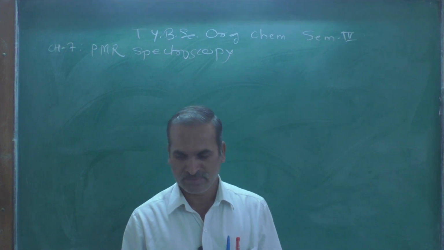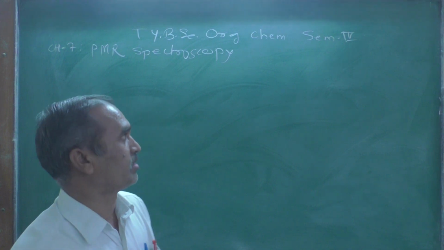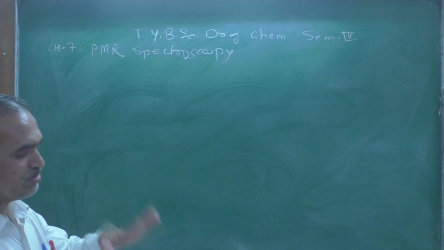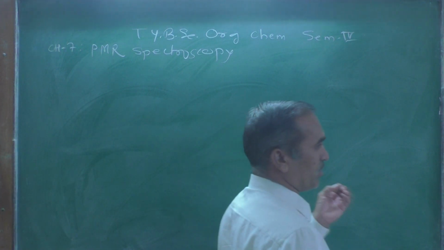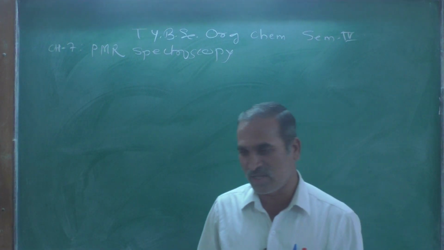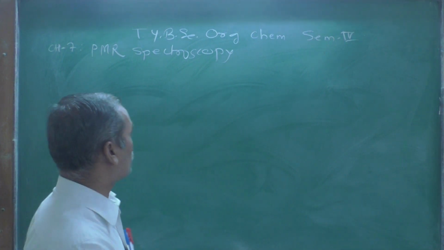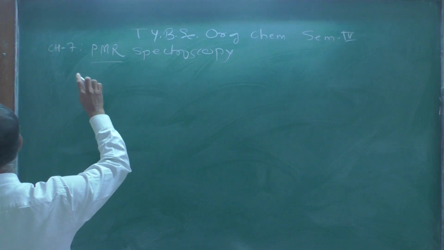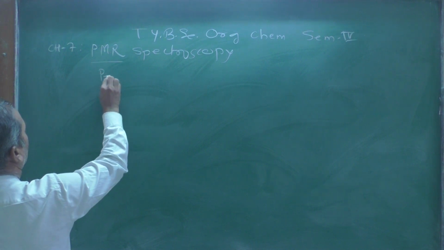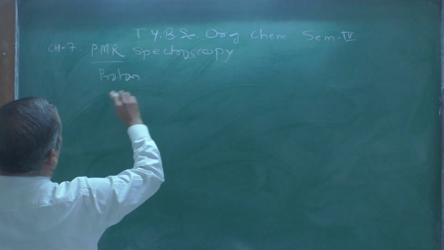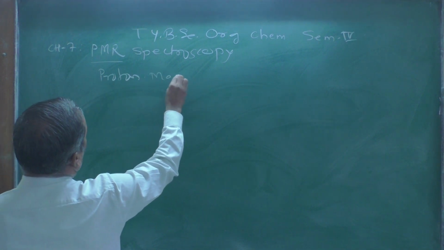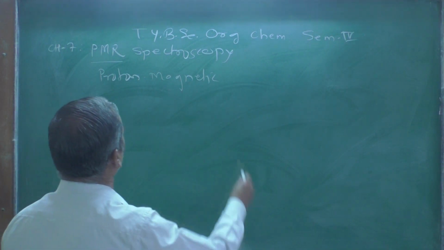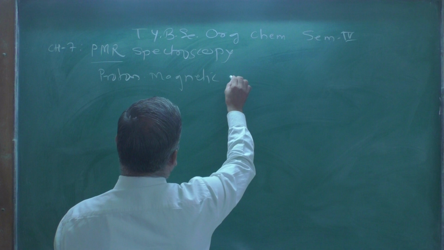Today we are going to discuss PMR spectroscopy. Spectroscopy is the interaction of electromagnetic radiation with matter, and the full form of PMR is proton magnetic resonance: P stands for proton, M stands for magnetic, R stands for resonance.